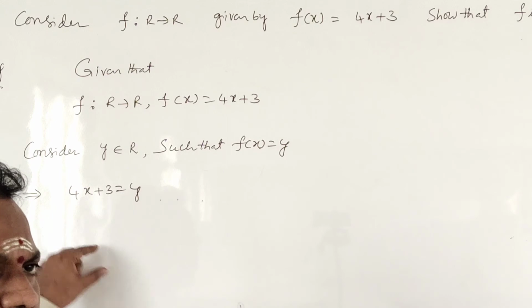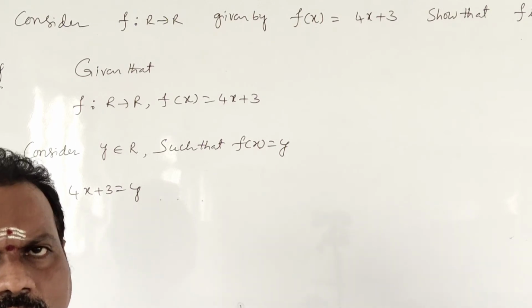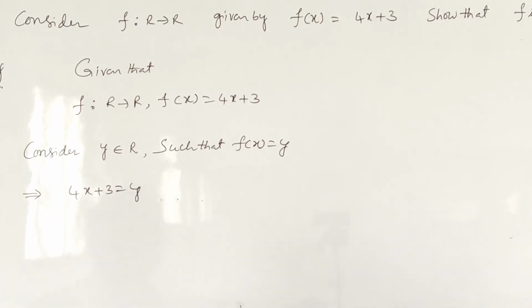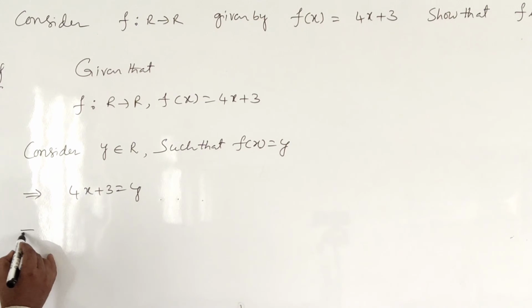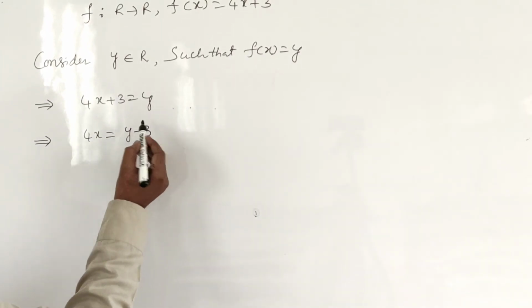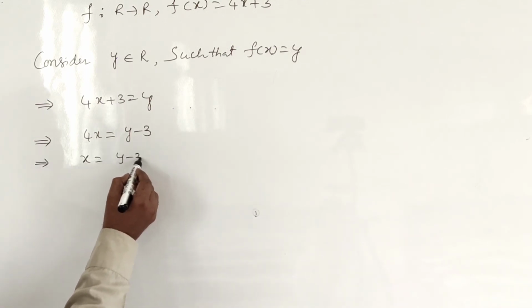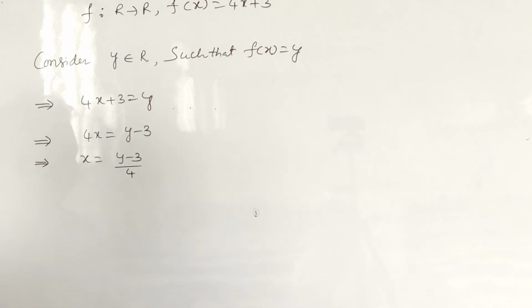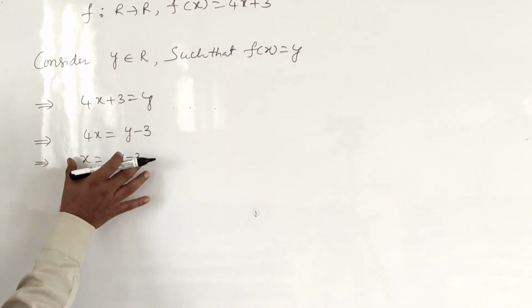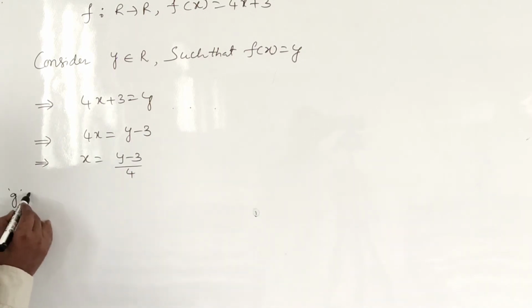Next what we have to do? The x value in terms of y. Like that we have to change. How to change? Simple, make x the subject. 4x is equal to y minus 3 first of all. Next x is equal to y minus 3 upon 4. This x value only we take as the new function. So that's why let g be the function.